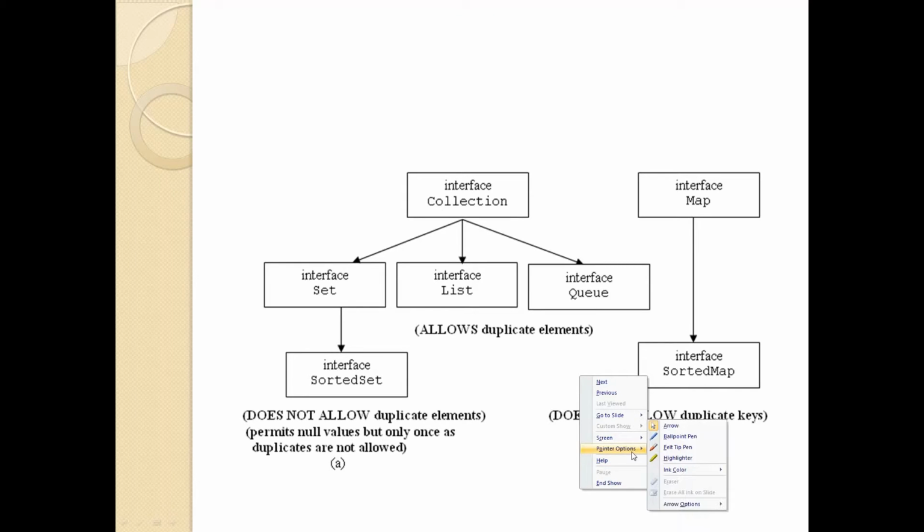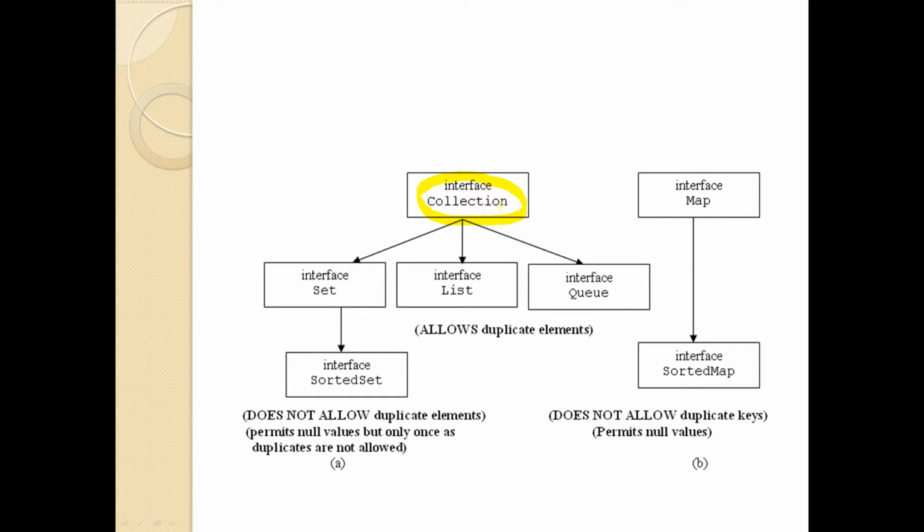Here, as you see, the main interface is collection, and from collection one interface is coming, that is set, and we have sorted set. Set has one feature we need to remember: does not allow duplicates, permits null values but only once, because duplicates are not allowed. That is the feature of set.